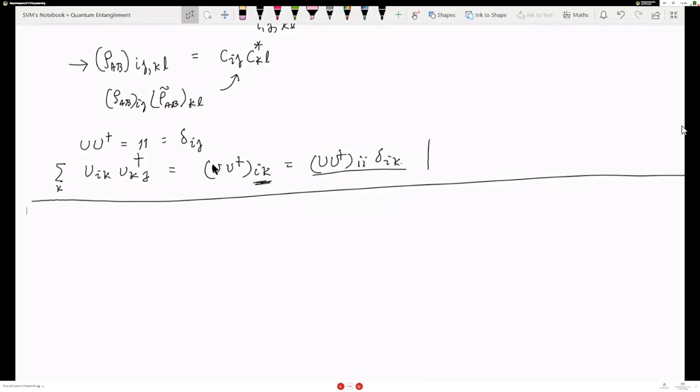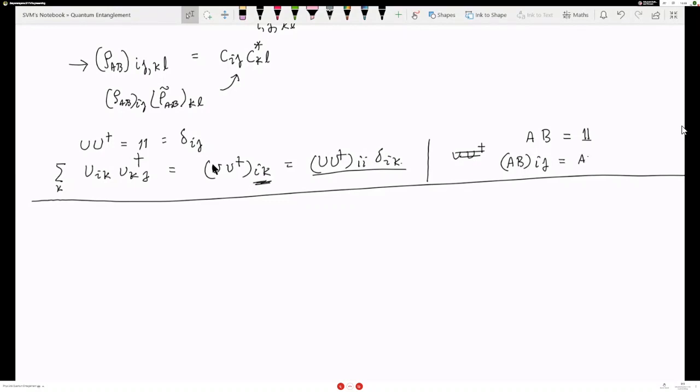No, this is the correct way to write. Let's say I have a matrix A and another matrix B. The product of these two matrices is the identity. Then how do I write the IJth element of AB? It has to be only the II element, that is 1,1, 2,2, 3,3, only they will be there.